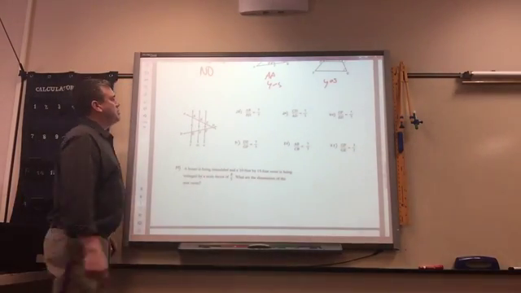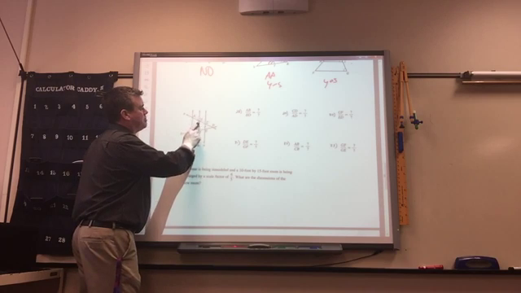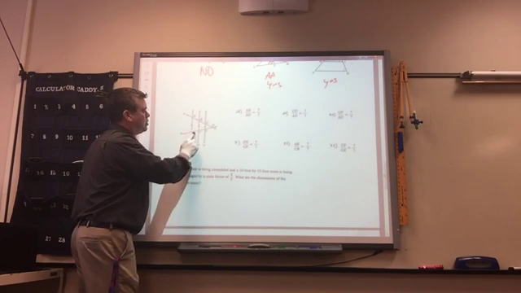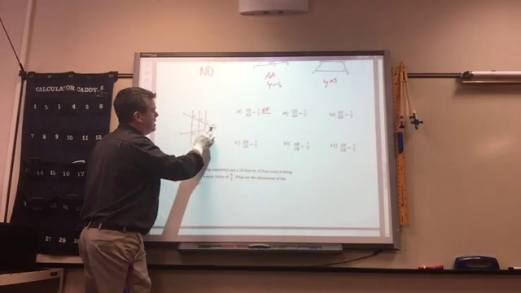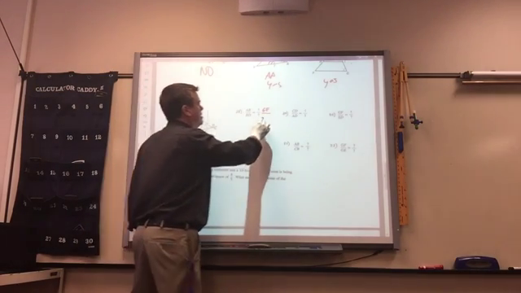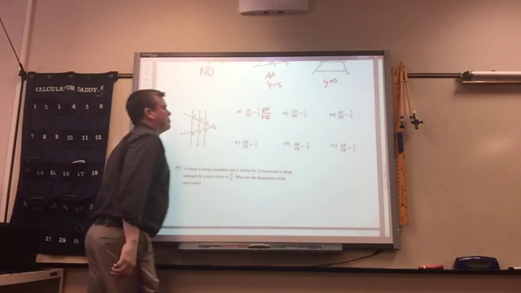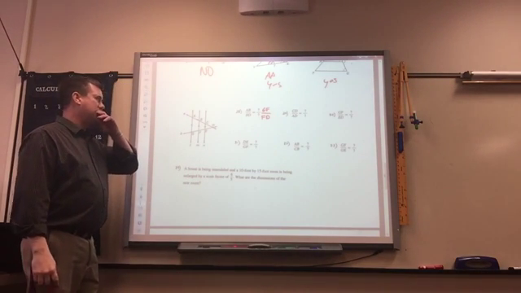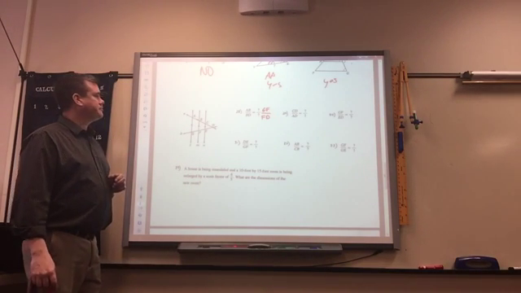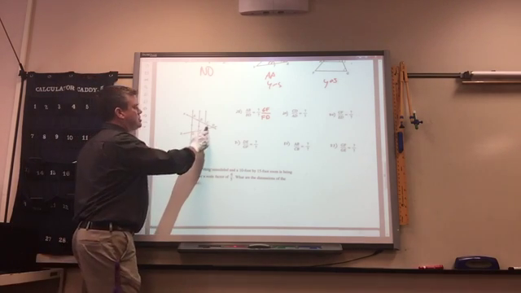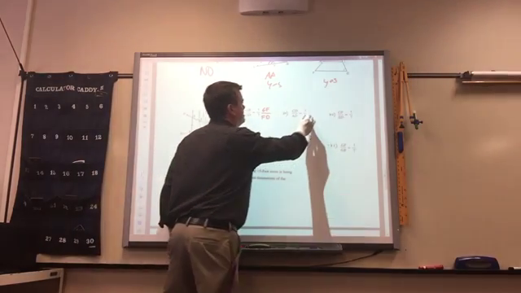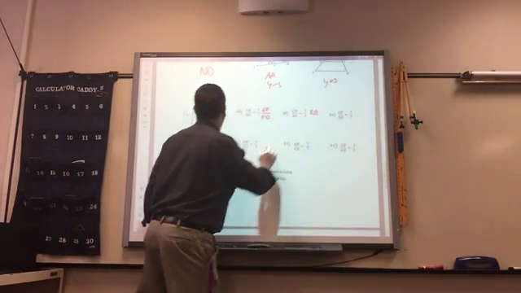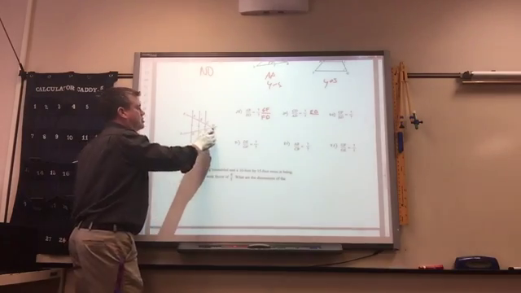Then filling in the missing parts, AB to BD, AB corresponds to GF, BD corresponds to FD. CD over AD, CD corresponds to ED, and AD corresponds to GD.